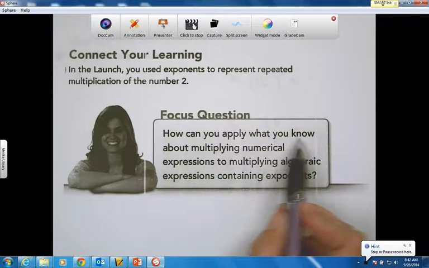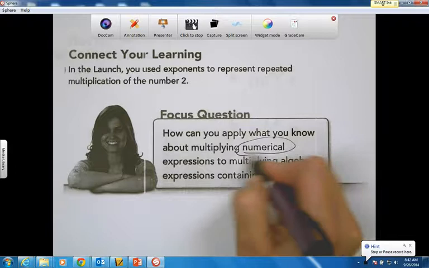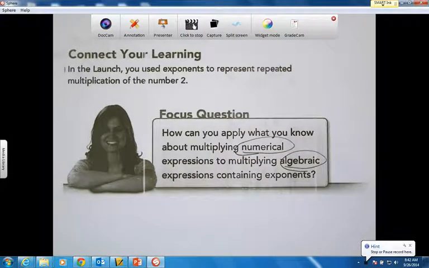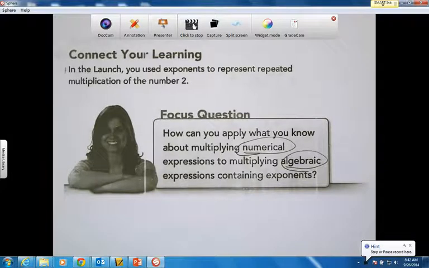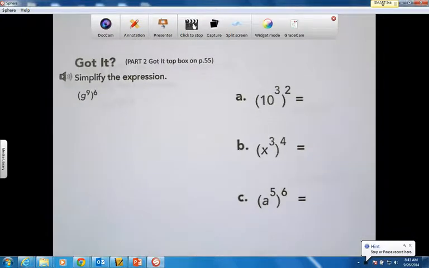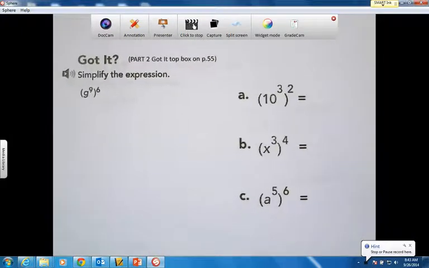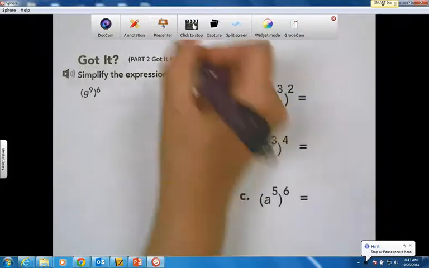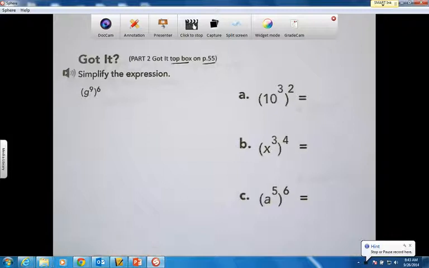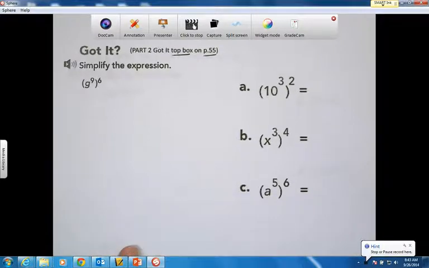All right, so go ahead and go to your digits book. I want you guys to open up to page 55. We're going to be in the top box on page 55. And I'm going to go through these examples here with you, and then we'll try one. All right, these are powers to powers.